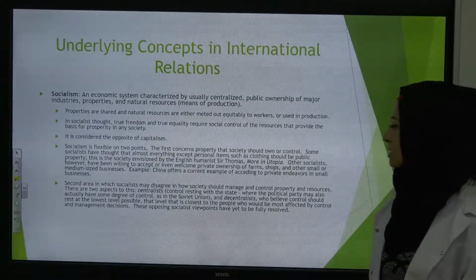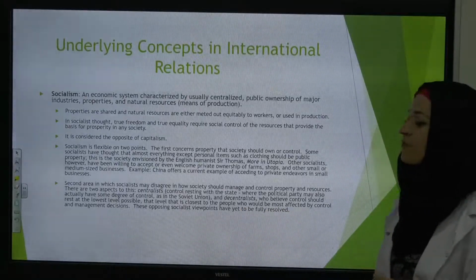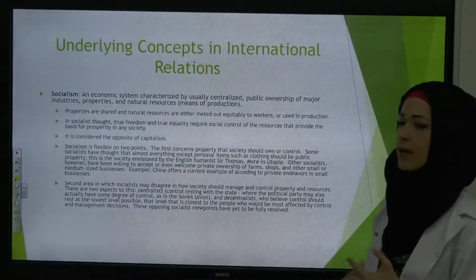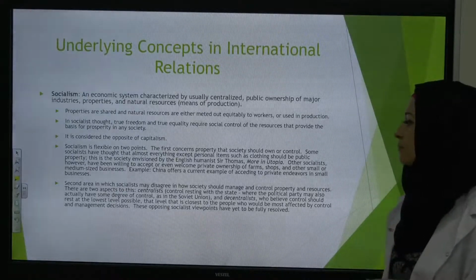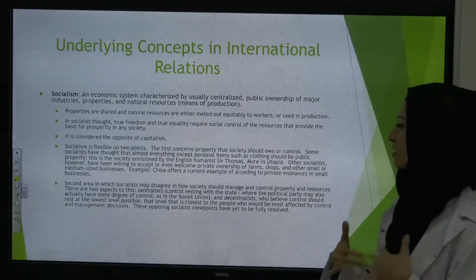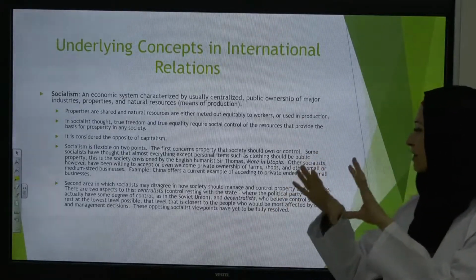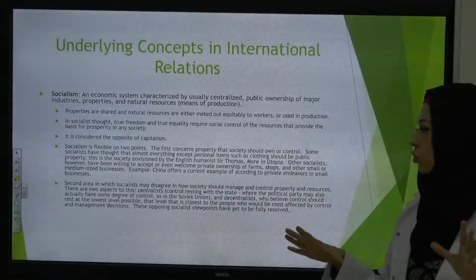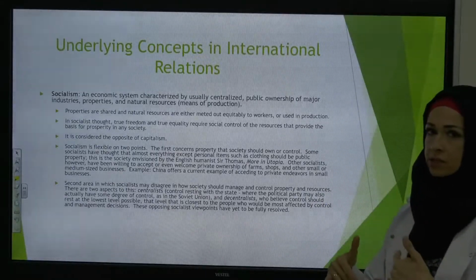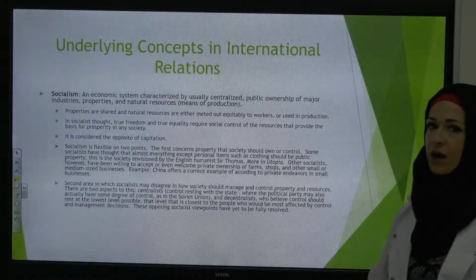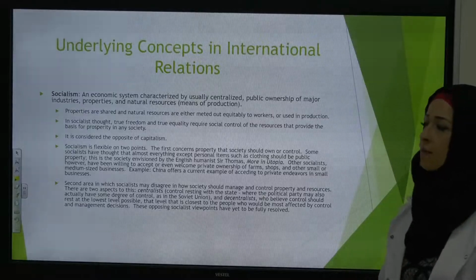That level is closest to the people who would be most affected by control and management decisions. These opposing socialist viewpoints have yet to be fully resolved. So, centralists believe that the state has control, whereas a decentralist would want it on the lowest level, like the common individual.